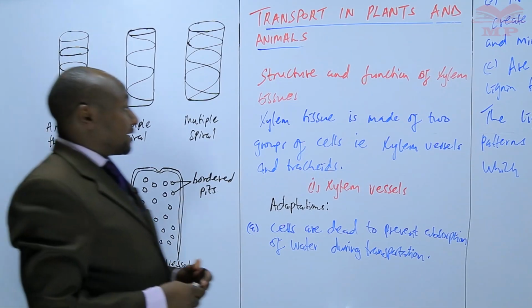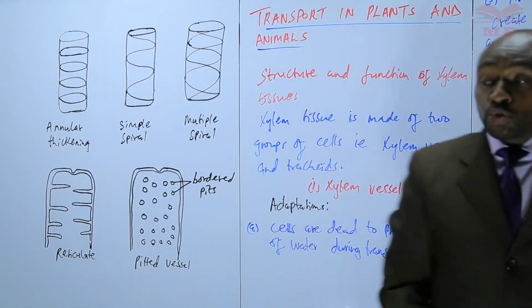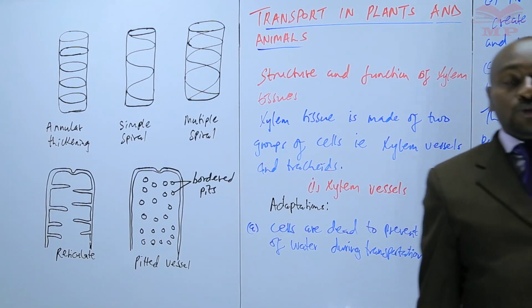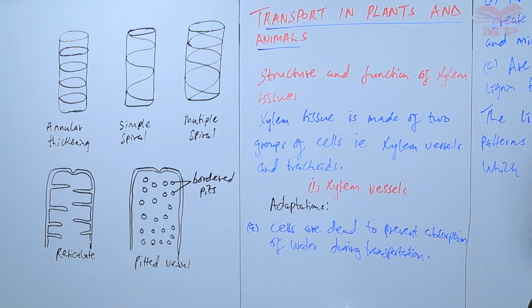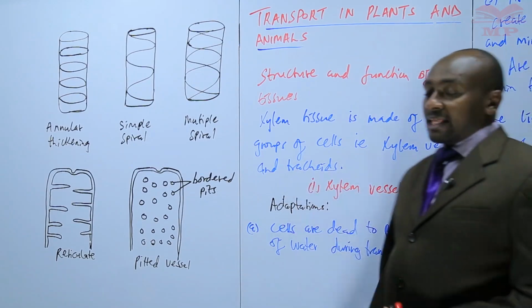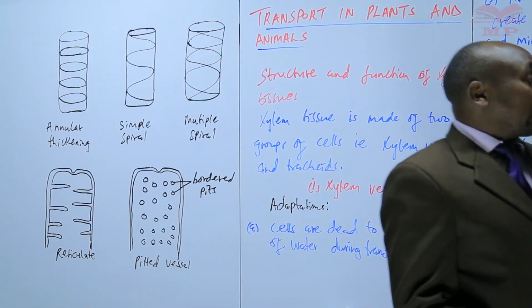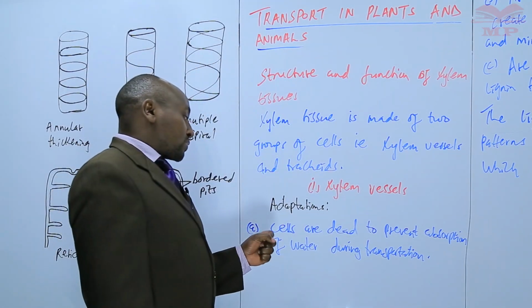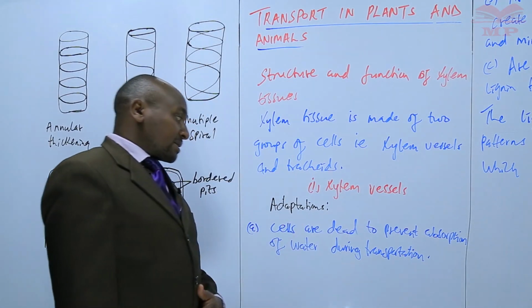So basically, we've seen that the xylem tissue is made of two groups of cells. We have talked about the xylem vessels, and we have mentioned the tracheids. Then we have said the xylem vessels, their adaptations, their characteristics, they are dead cells.